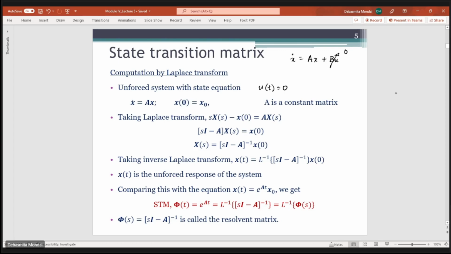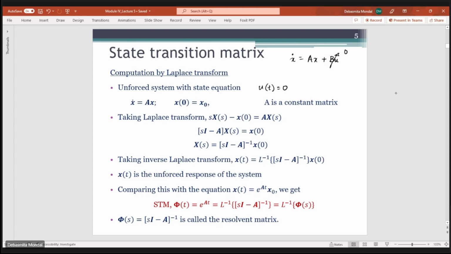So X(s) is equal to the inverse of the matrix (sI minus A) multiplied by x0. This is the Laplace transform form, so if you take the inverse Laplace of this equation, you will get the value of x(t).